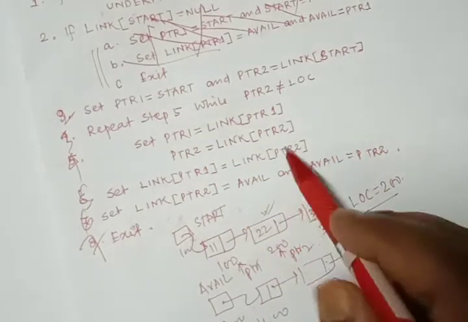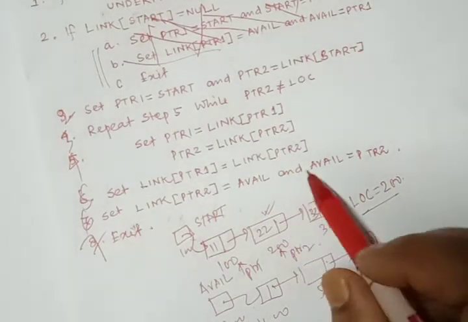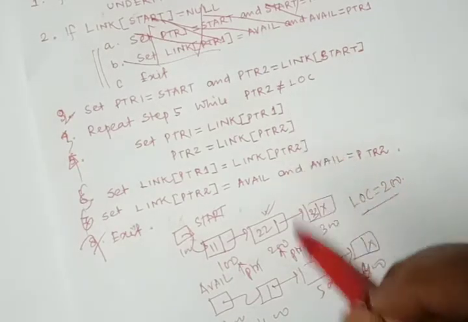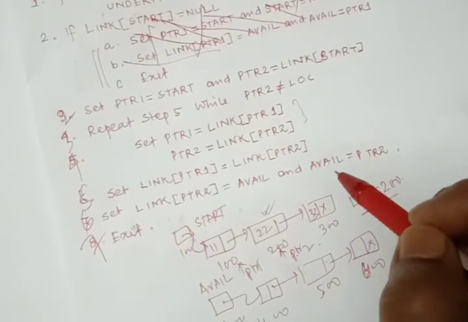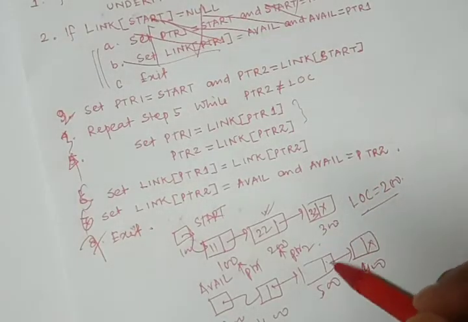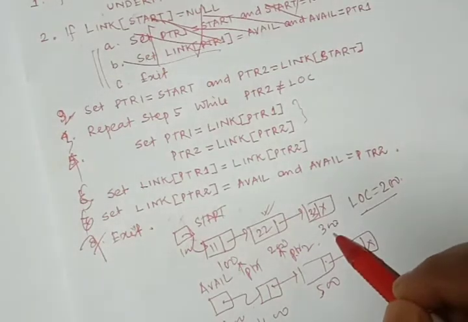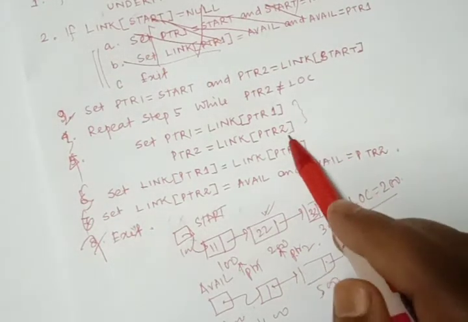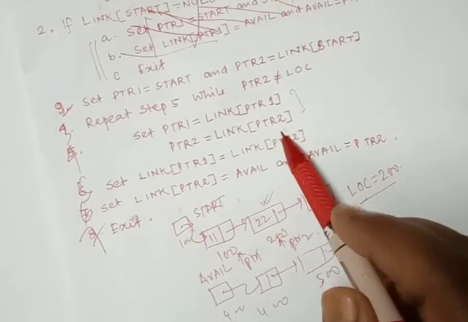Because in the first step, once we assign the value of ptr1 and ptr2, we are getting the position, isn't it? ptr2 equal to 200. So in that case, these two steps will not execute. If we consider more than 3 nodes or 5 nodes, and the location is 300, then these two steps will execute.